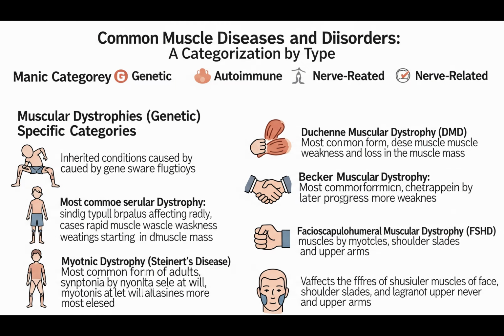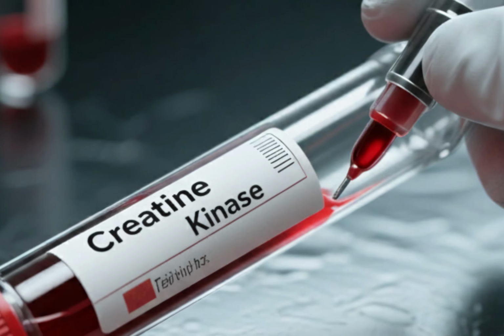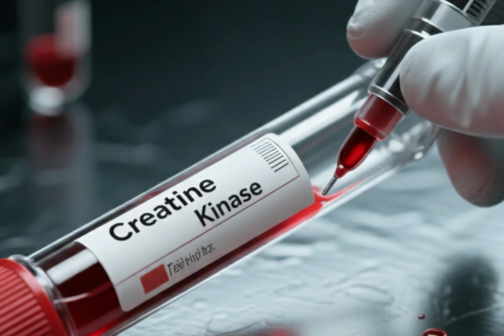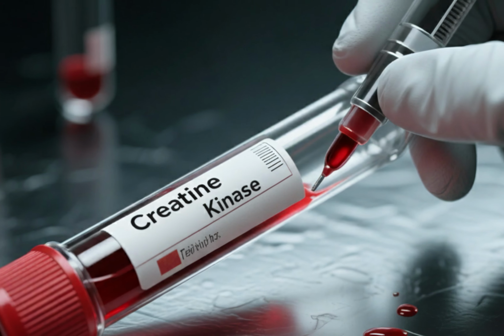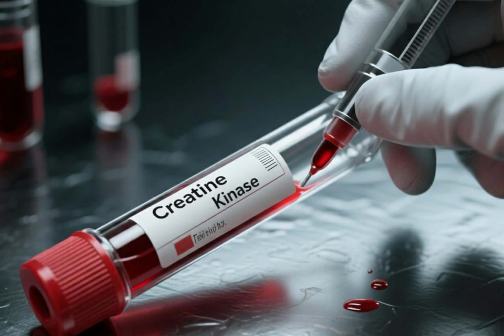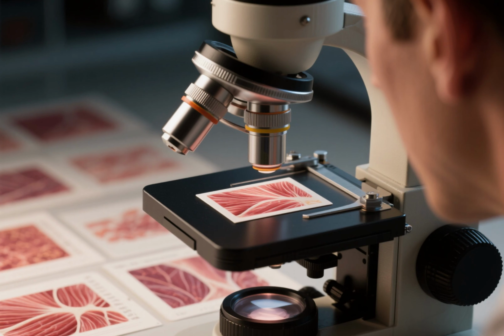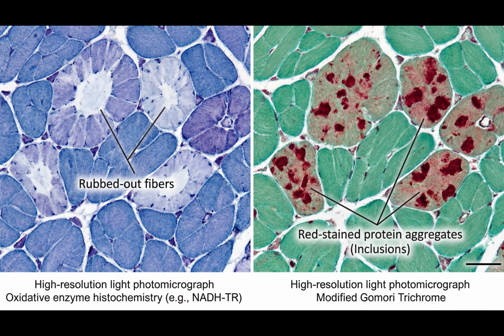Diagnosis is often delayed because the disease mimics other muscular dystrophies. Creatine kinase (CK) levels are often normal or mildly elevated, unlike Duchenne, where they are massively elevated. A muscle biopsy under a microscope: the stains will show rubbed-out fibers, areas where oxidative enzyme activity is missing.